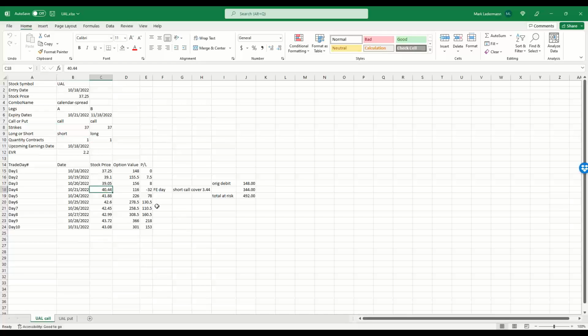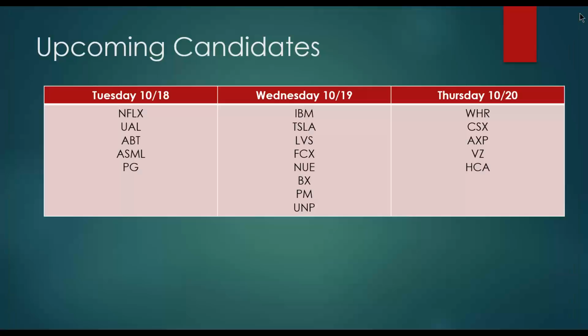On front expiration day, the stock was at 40.44. So there's $3.44 of intrinsic value, requiring a $344 short cover.